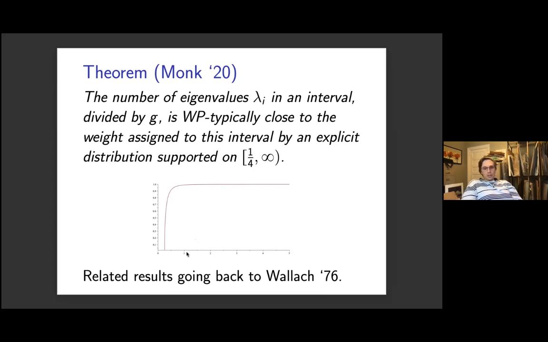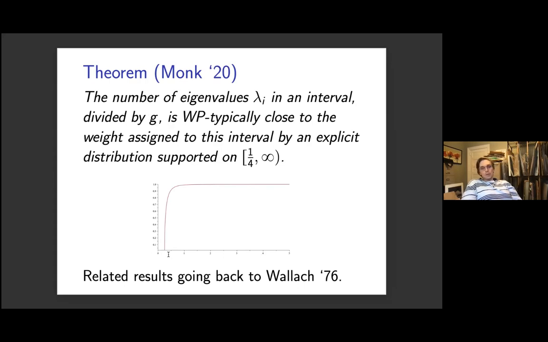If I wanted to know the number of eigenvalues between 3 and 4, this function is about equal to 1 between 3 and 4. So I expect about genus, well, maybe I left out some constants, so times some constants. So you expect genus many eigenvalues in any interval, except for the small eigenvalues. If I look at the interval from 0 to a quarter, it's exactly analogous to before. I'm not saying there are no eigenvalues there, but typically you have little o of the genus.